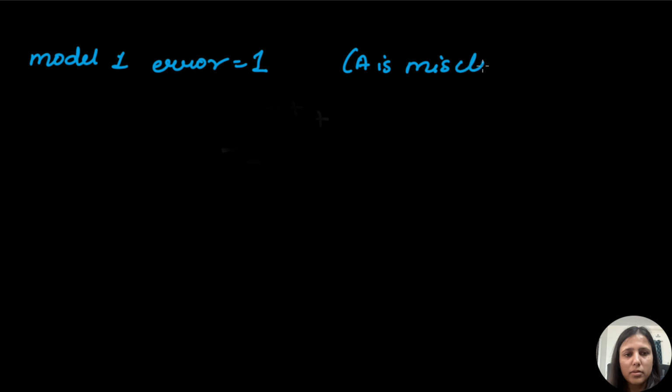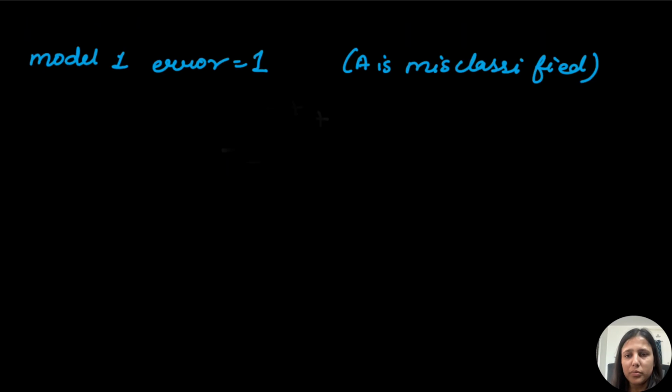So model 1 error was 1. A is misclassified, right? Let's go back. A is not classified correctly.